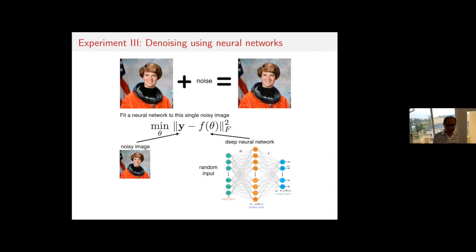But the interesting part is that if you stop the iteration somewhere in the middle, you actually get the denoised image back. And again, this is fascinating because the algorithm and the network has never seen any other image. It has not seen the clean image. It just sees this one single noisy image, and it still can denoise it, right? So that's really the interesting part here.